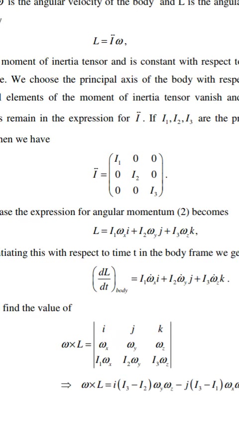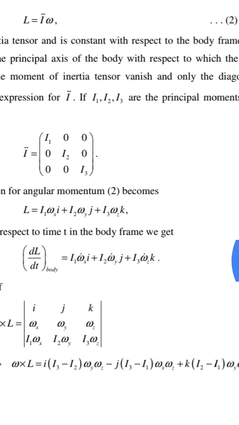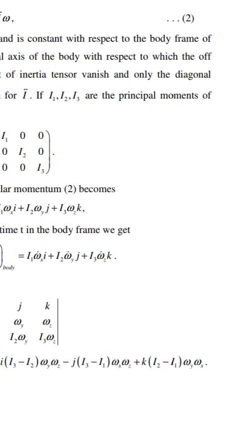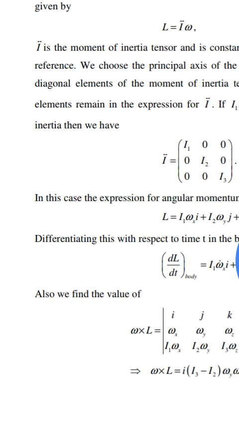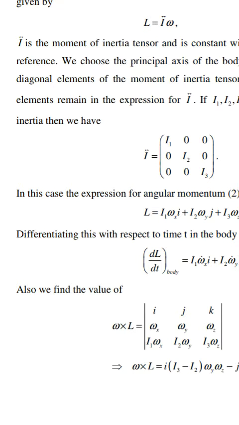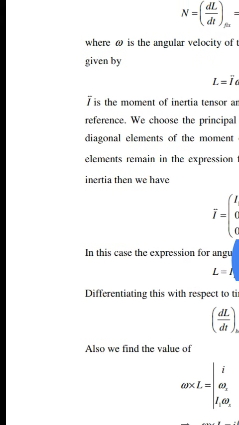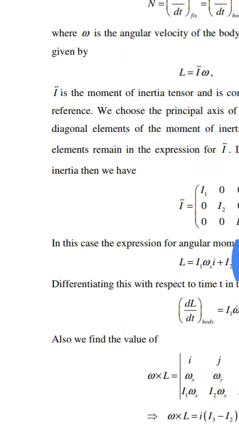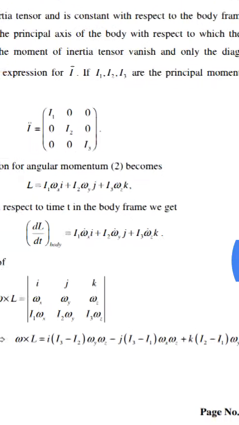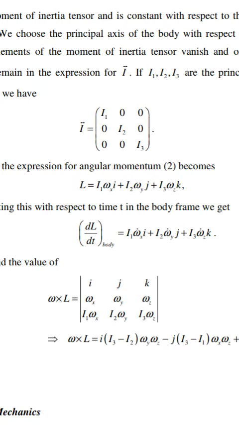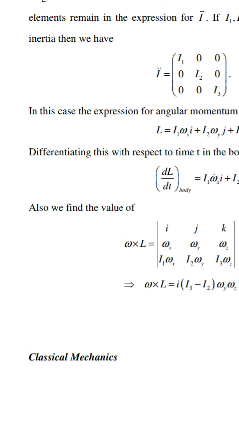If I1, I2, I3 are the principal moments of inertia, then we have I bar is equal to I1 0 0, 0 I2 0, 0 0 I3. In this case, the expression for the angular momentum becomes L is equal to I1 wx i plus I2 wy j plus I3 wz k.